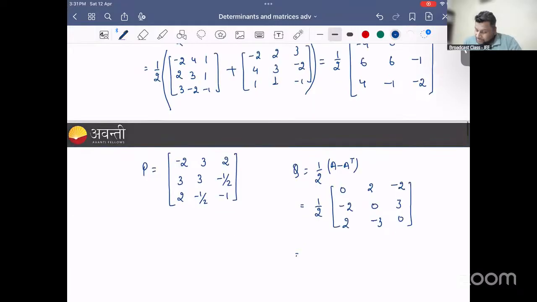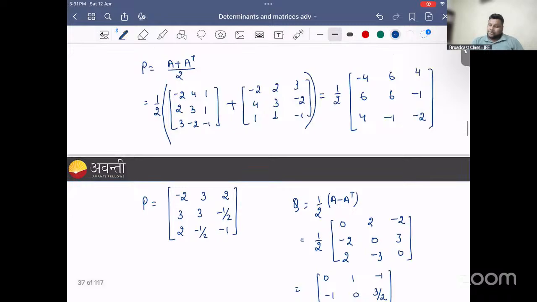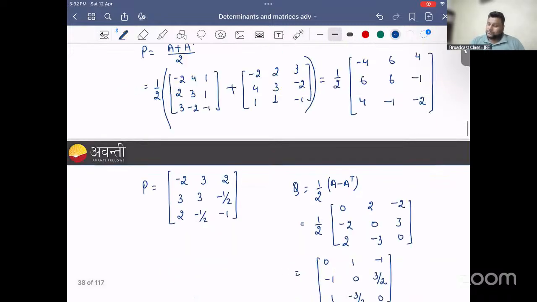So it will be 0, 1, minus 1, minus 1, 0, 3 by 2, 1, minus 3 by 2, 0. So these are your P and Q.